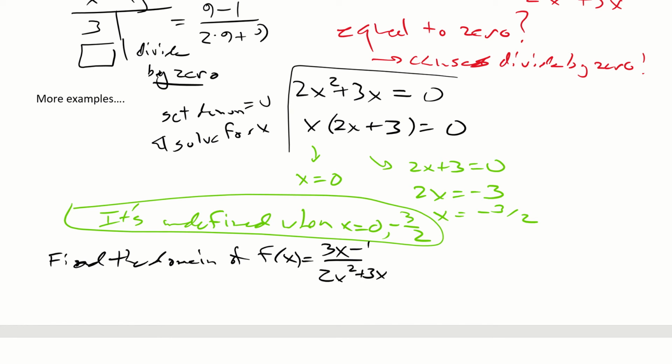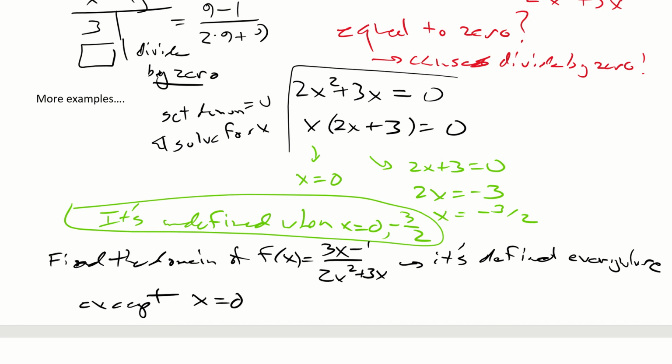So I'm just writing it there for reference because we already know, hey, basically it's defined everywhere except when, say, let's see, x is equal to 0 or negative 3 over 2.